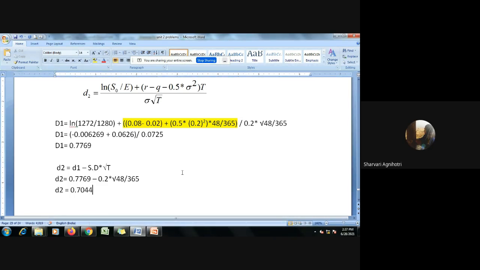Ma'am, that 48 divided by 365, is it under square root? Yes, for D1, the denominator is under square root. Ma'am, I had not taken the square root, so I was getting a different answer. Sarvari, the numerator is not under square root, only the denominator. Okay, ma'am.